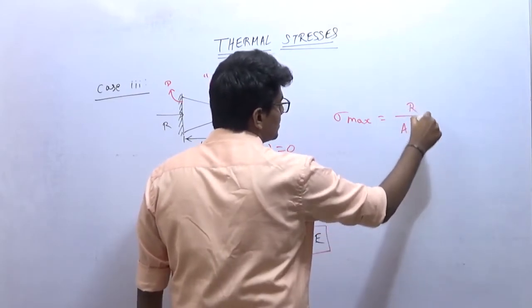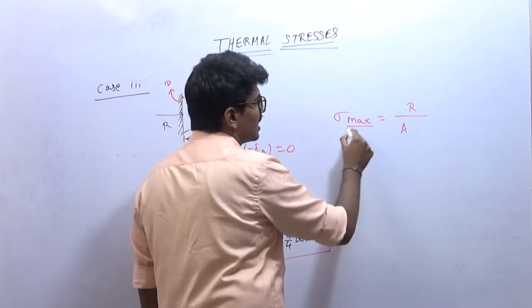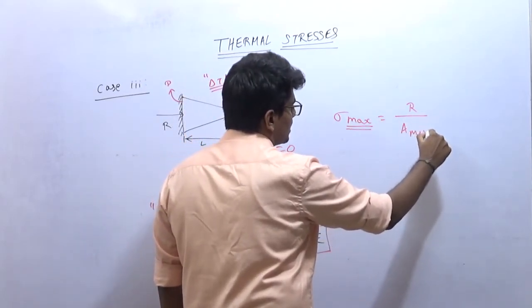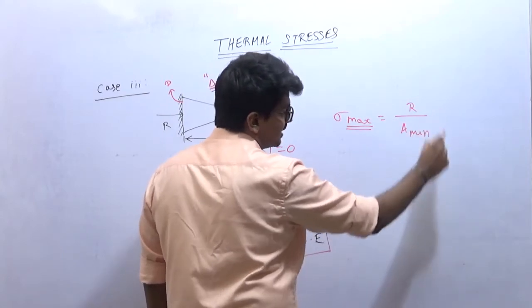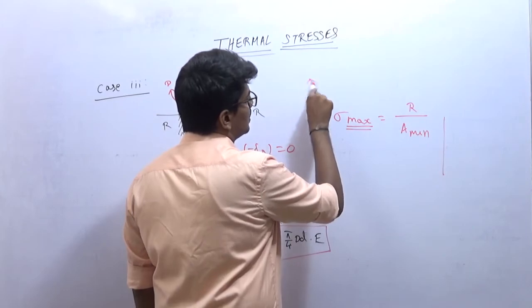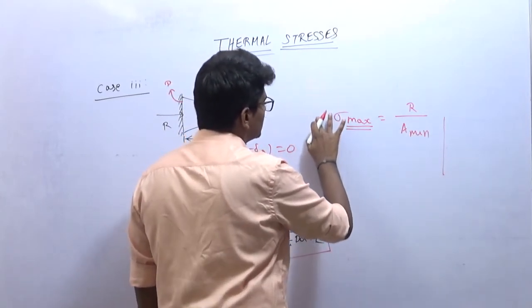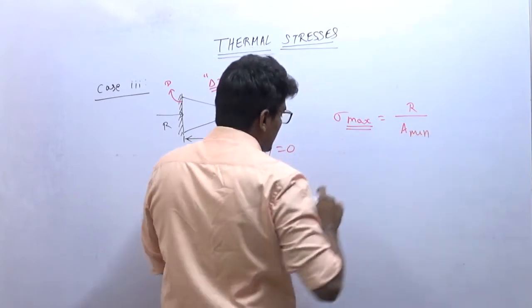Here load is the reaction force. For the maximum stress, the area should be minimum, because as the denominator decreases, the value is going to increase. So simply R by A minimum.